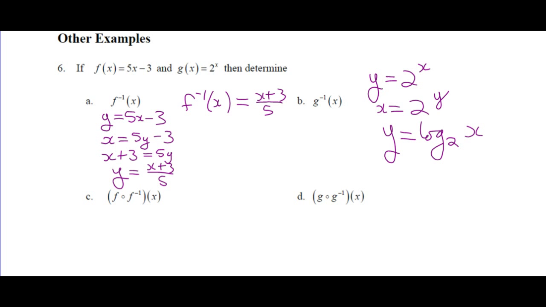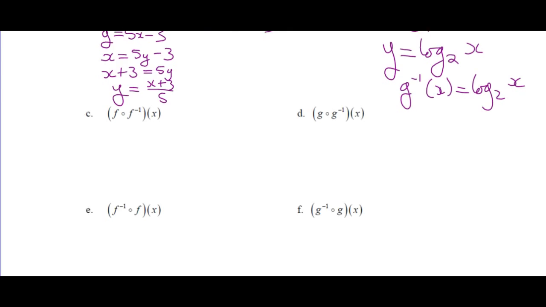And what's a logarithm? An exponent. Thank you. One person remembered. So that's the exponent y, right? So y is equal to the log base 2, that's the base of the exponential, of x. Now, is that a function? Yeah, log function. So g inverse of x is equal to log base 2 of x.